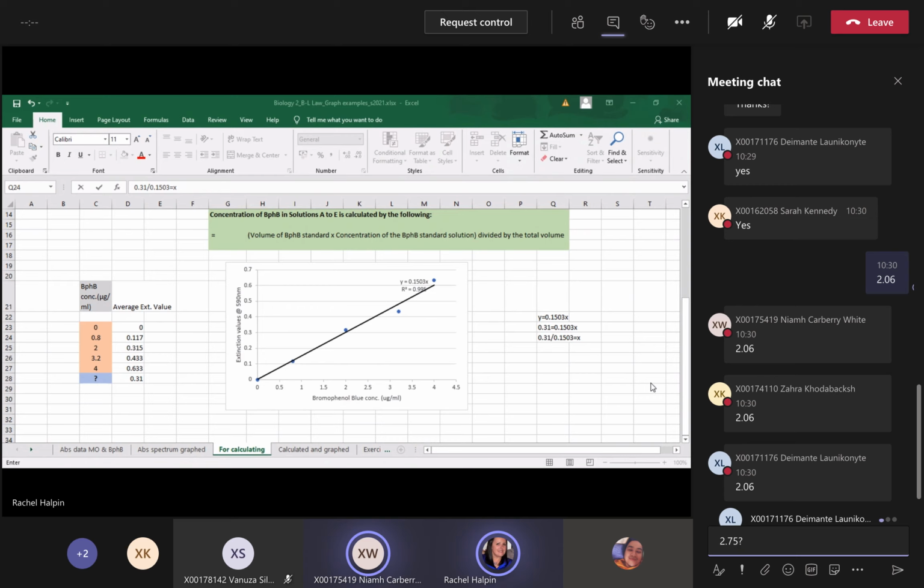So use your graph as a guide, but the actual equation will give you an exact numerical value. Is that clear to everybody? Do you know how to plot your graph for your report?